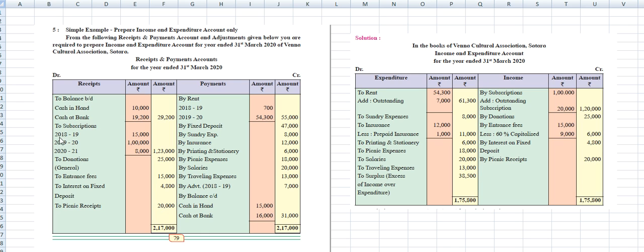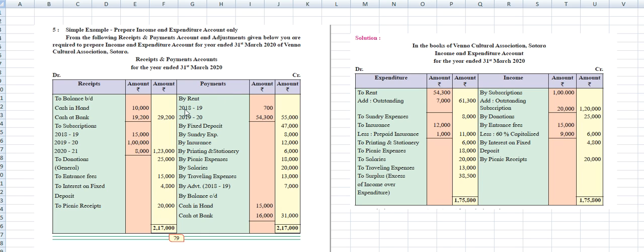Current year means 2019-20, so for the subscription calculation we are taking 2019 and 20. Then donations, general fees, interest on fixed deposits and picnic receipts also come on the receipt side.